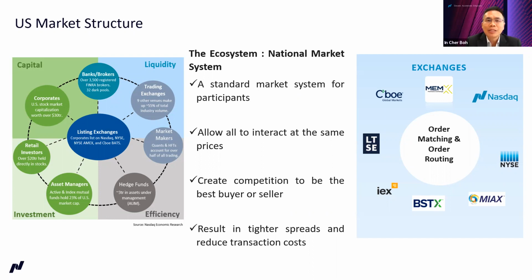Unlike APAC markets, however, a stock in the US market can be traded across different US exchanges, as highlighted in the diagram on the right. I will share more details later in my presentation.